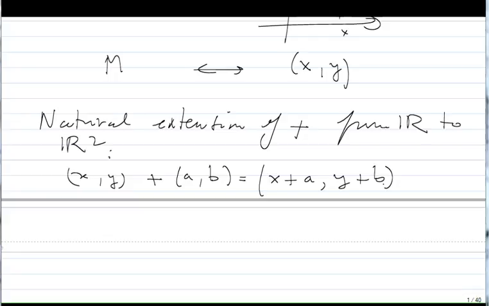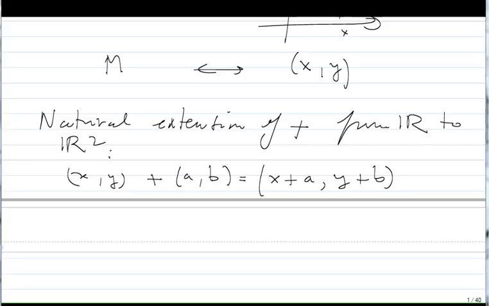And it enjoys most of the natural properties of the addition on the real line. For example, the zero element will be (0, 0), etc.